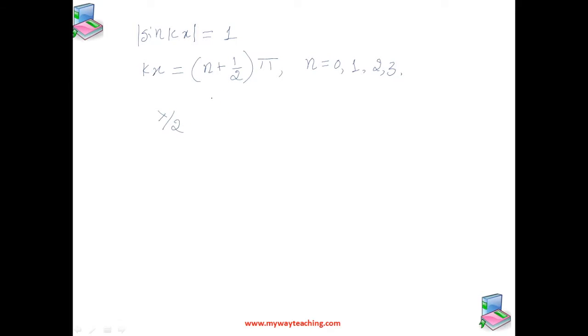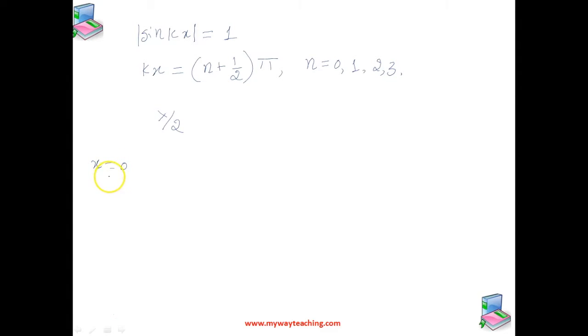The equation x is equal to n lambda by 2 can be applied in the case of a stretched string of length L which is fixed at both ends. We'll take one end to be at x is equal to 0.